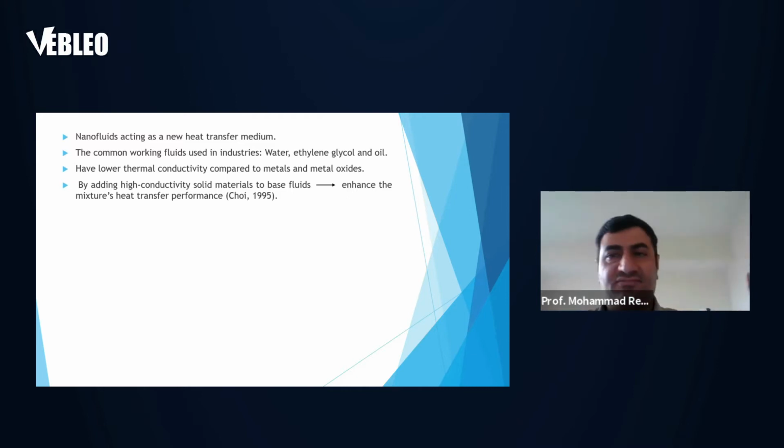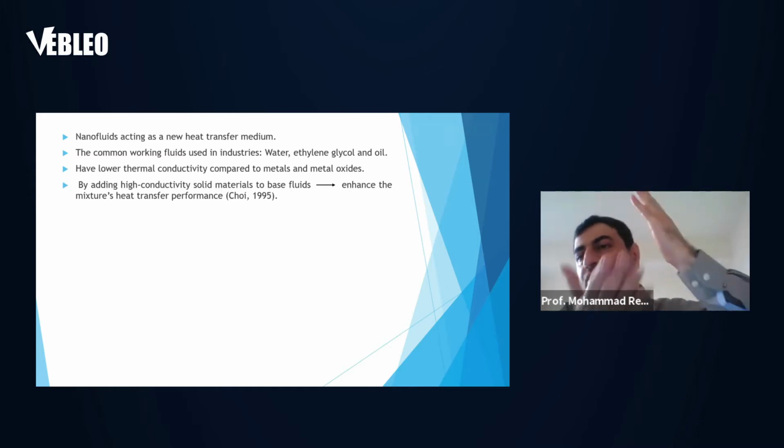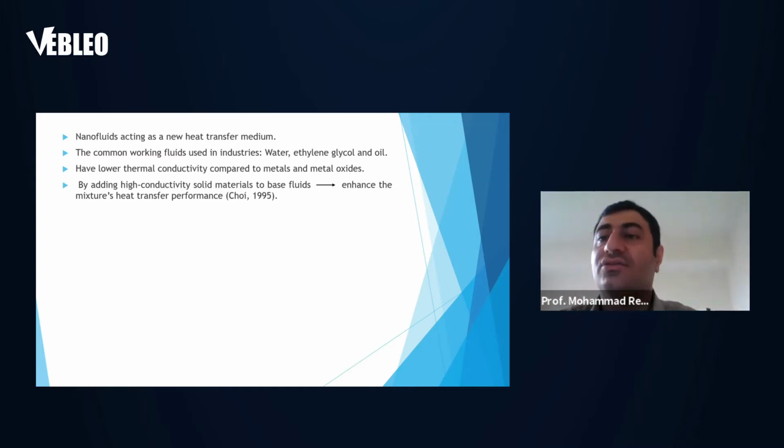Even many physicists like Einstein and many other people worked on it, but it didn't work until 1995, when a report was released from the US Army that a researcher with the name of S.U.S. Choi introduced a new idea. It was the same idea as the micro-size fluid, but he could reduce the sizes to nano size.